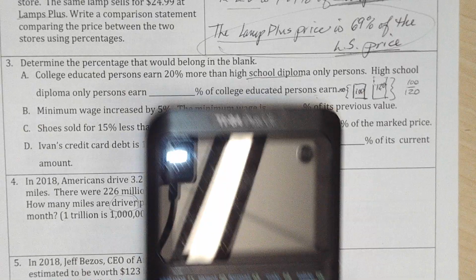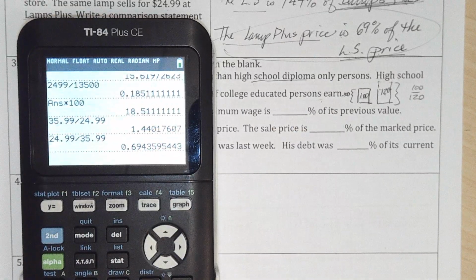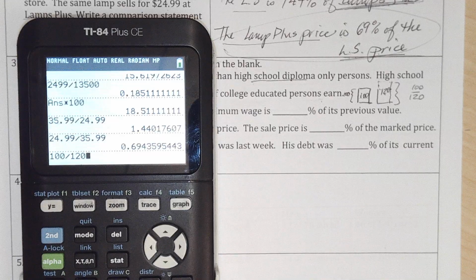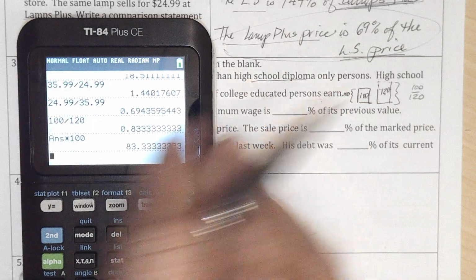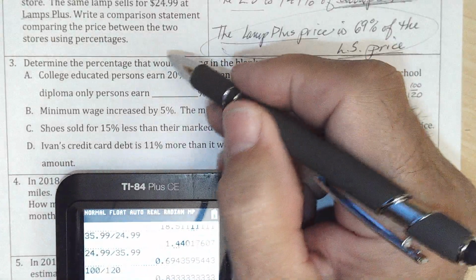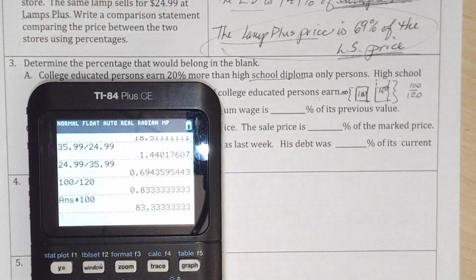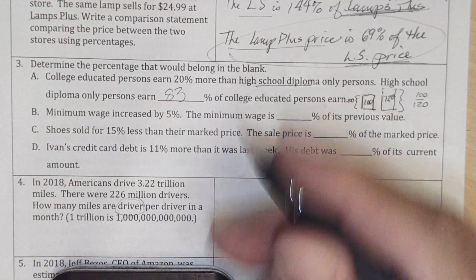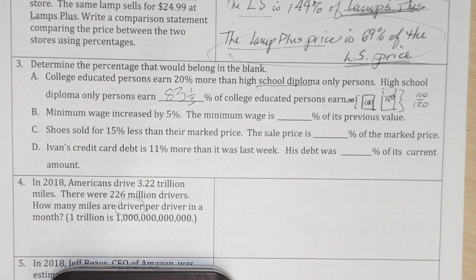So let's figure out that percentage. 100 divided by 120 times 100 is 83%. 83.333, 83 and a third percent if you want to get a little bit more, or 83.3.